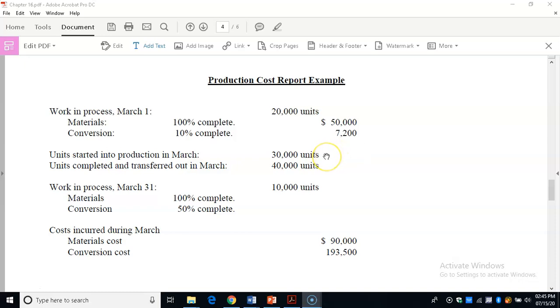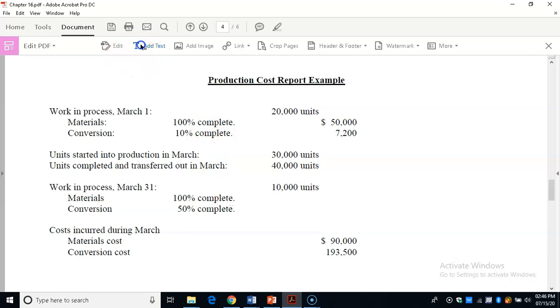During the month, they start working on 30,000 units, and they complete and transfer out 40,000 units. Finally, at the end of the month, that's March 31st, they have 10,000 units, 100% of the materials, and 50% of the conversion cost.